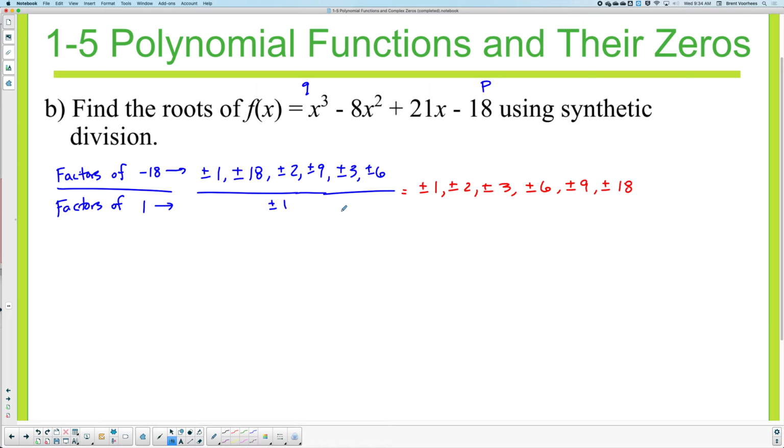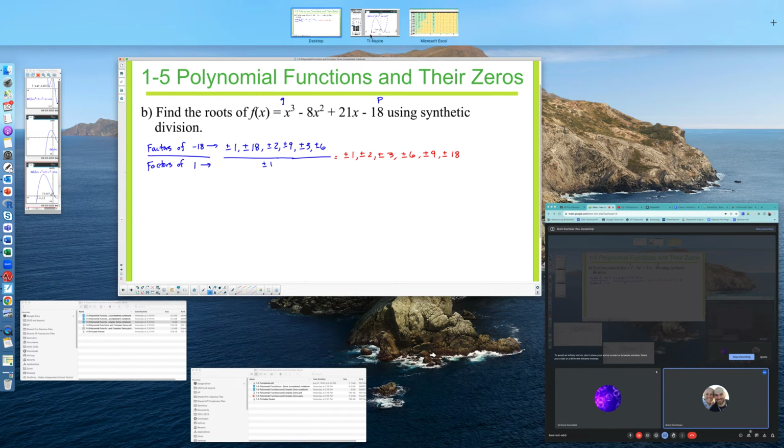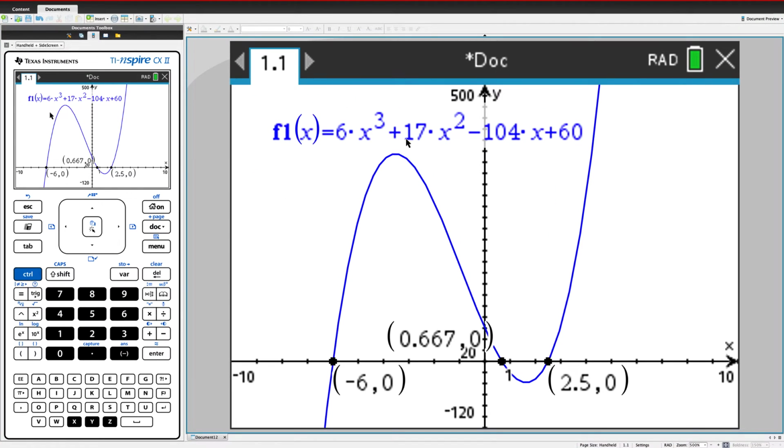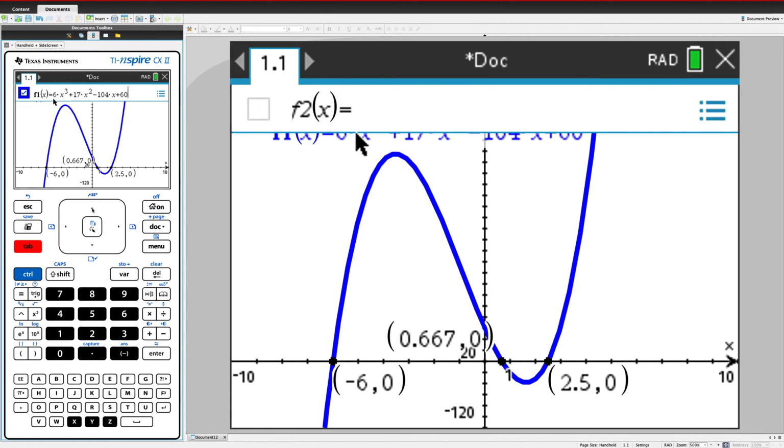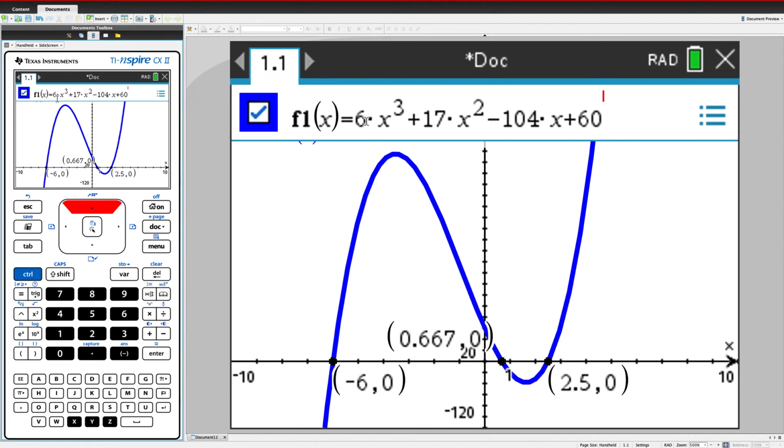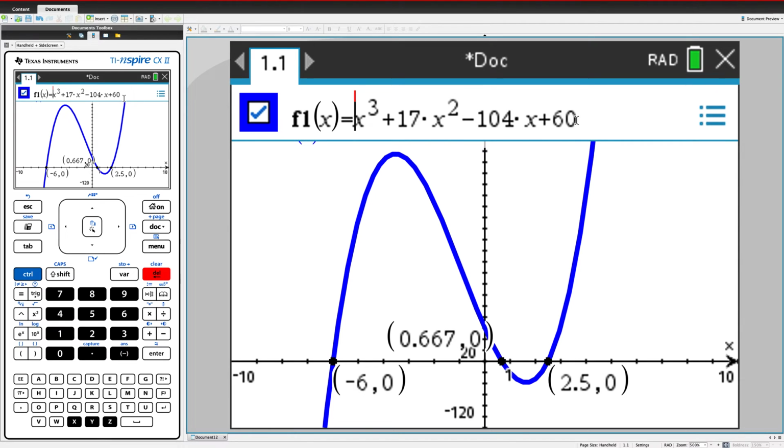So we're not just guessing all day long. I'm going to press tab here and change my equation. Press tab and then up. It was 1x cubed. I remember that. The q was 1. And I remember the p was negative 18. I never paid attention to what was in the middle.